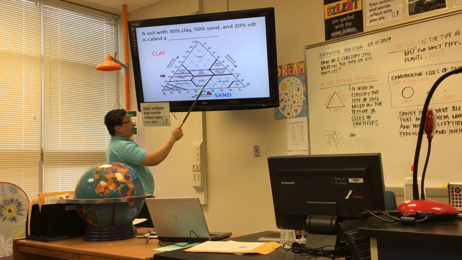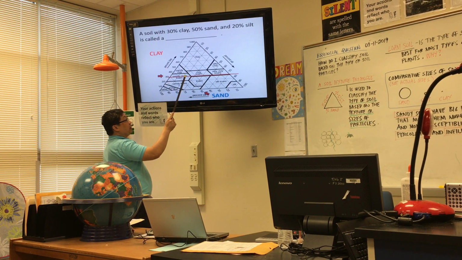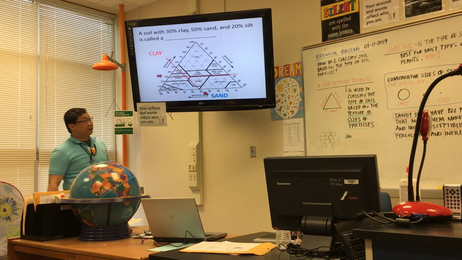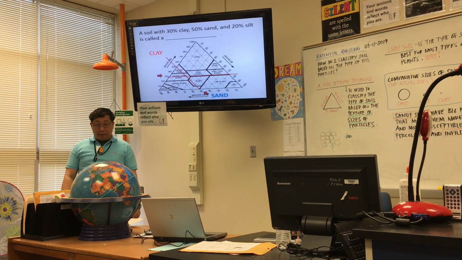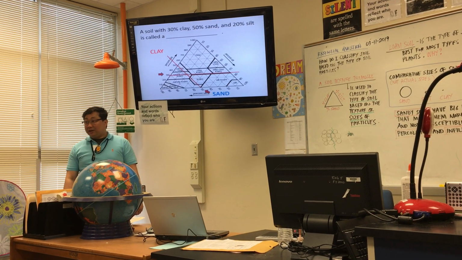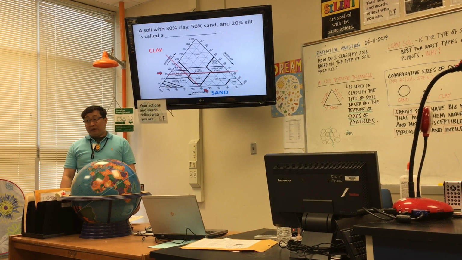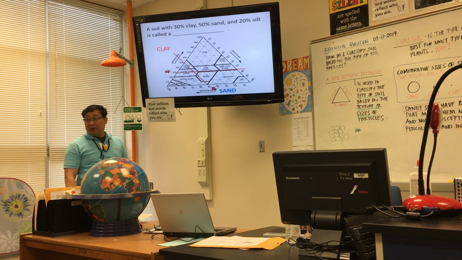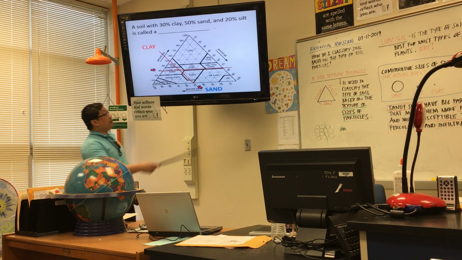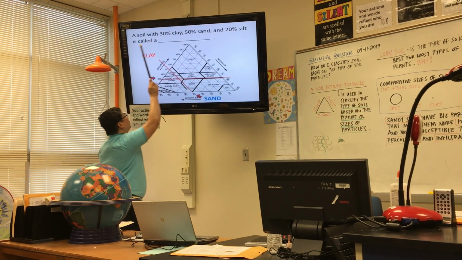So I will be drawing a line diagonally to the left. See that? They intersected. The three lines should intersect. If they do not intersect, choose another path. Choose another line.